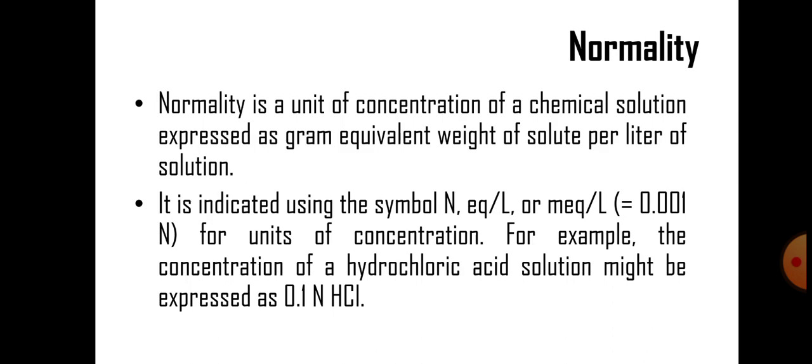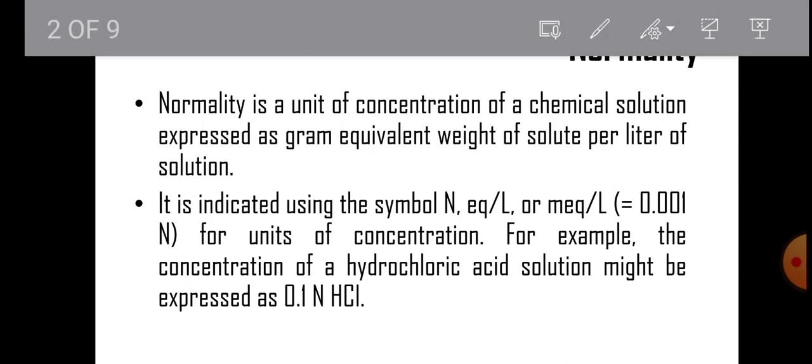What is normality actually? To understand, let's see the definition. Normality is a unit of concentration. So, we can define it as a unit of concentration of a chemical solution. We know that a solution is a preparation containing two different constituents.